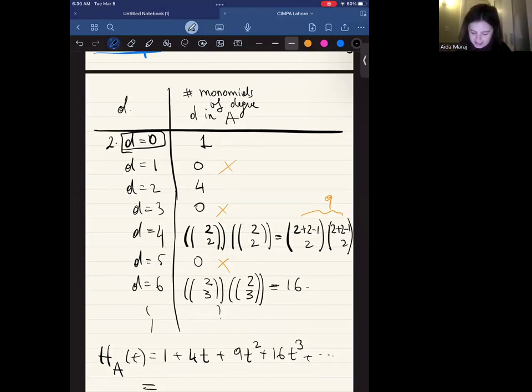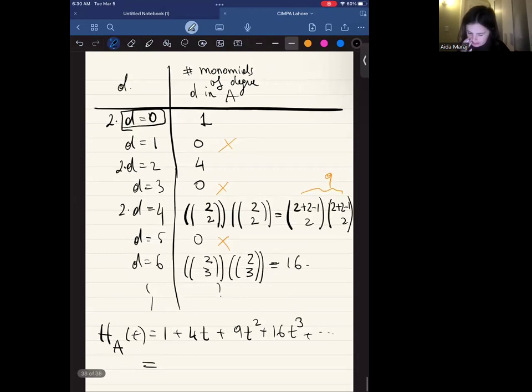This is supposed to be exactly 2 times d, since the final degree is 2d.